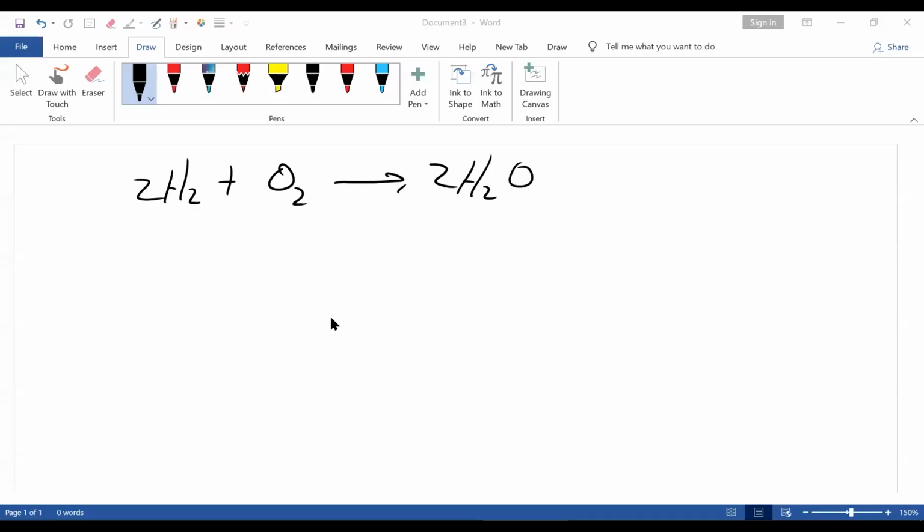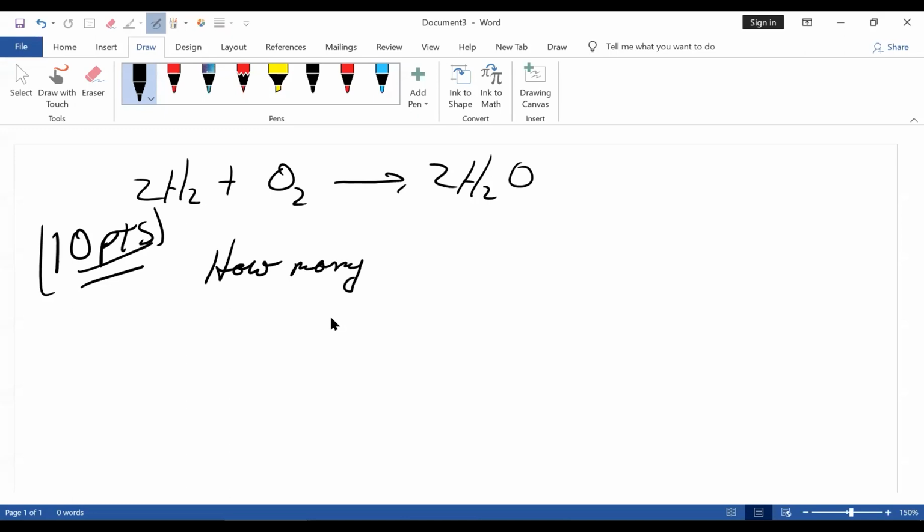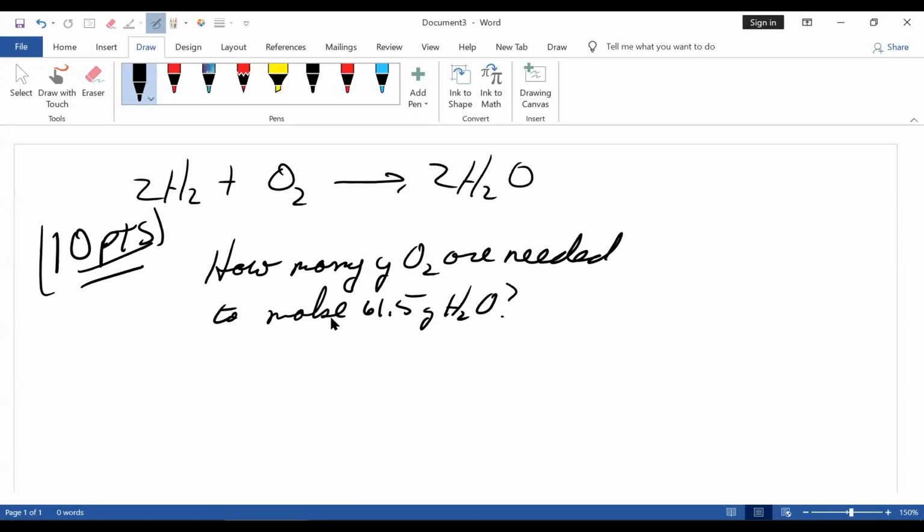Let's go back and look at a problem. If we look at this, the question is how many grams, because that's what you're going to find in real life, not moles, how many grams of oxygen are needed to make 61.5 grams of water?